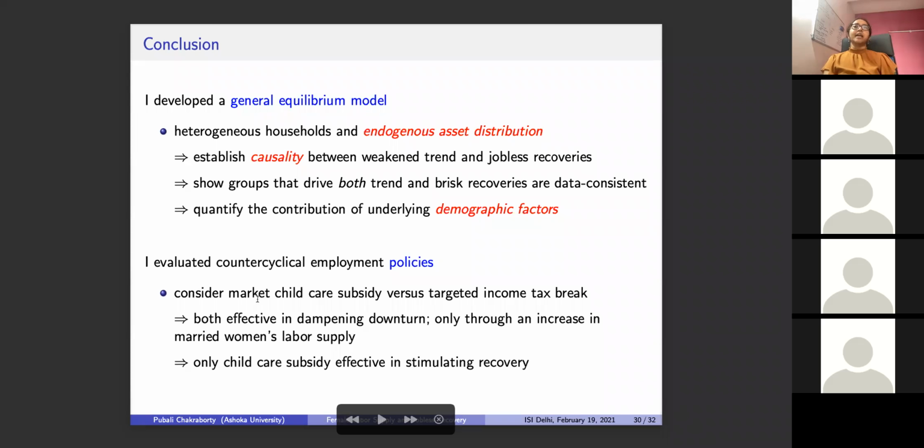Finally, I compare certain policies that can be implemented now in episodes of jobless recovery, and I find that the market childcare subsidy is more effective in not only dampening the downturn, but also helps in speeding up the recovery. So this is what I have done so far.